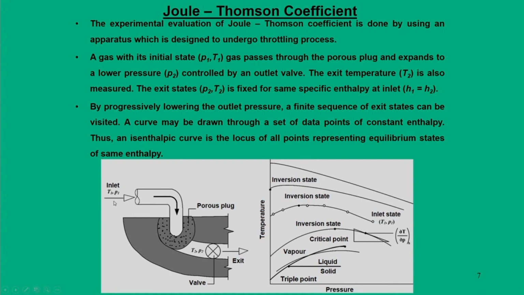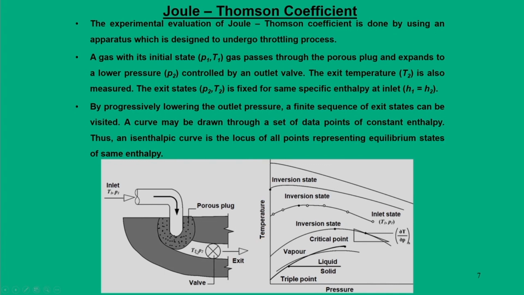The conditions of the gas or fluid at the inlet are known, that is T1 and P1, and the exit pressure P2 is regulated by a valve. The inlet condition is fixed, we fix the exit condition P2, and at that P2 we measure the temperature.